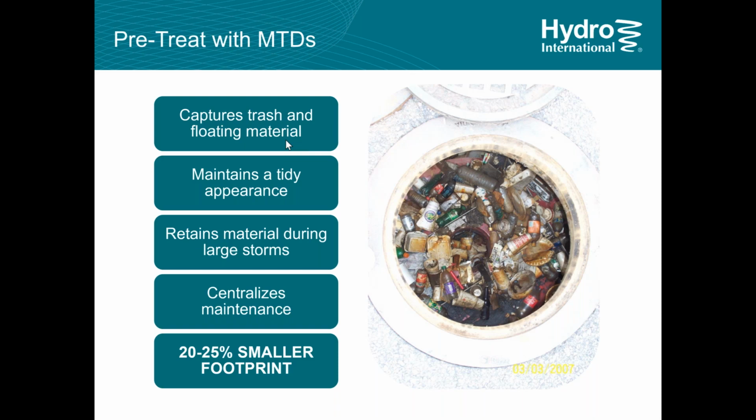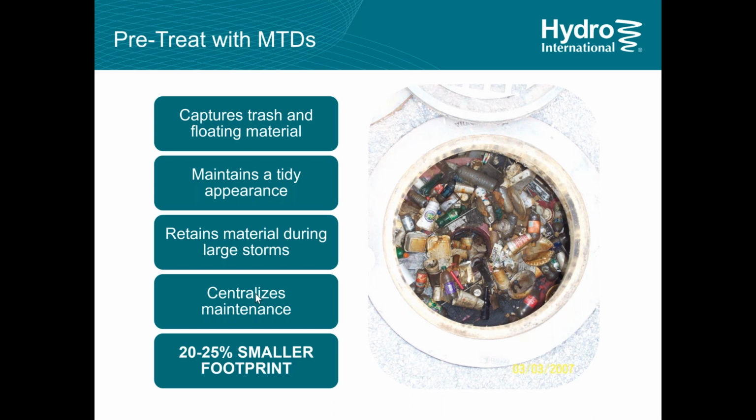Now it's kept undercover, centralized, and out of sight. These systems are usually designed to retain that material during a large storm, so there's no sense that it's going to remobilize or blow away.